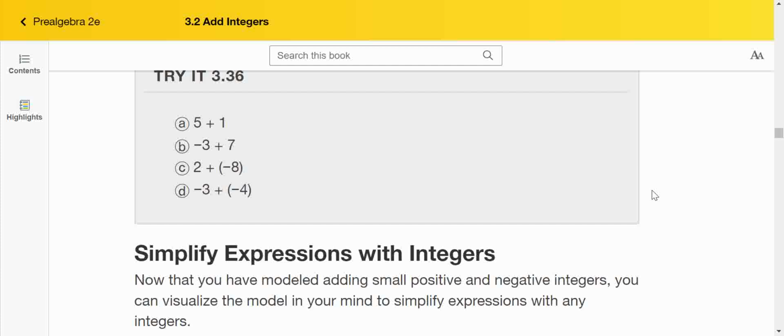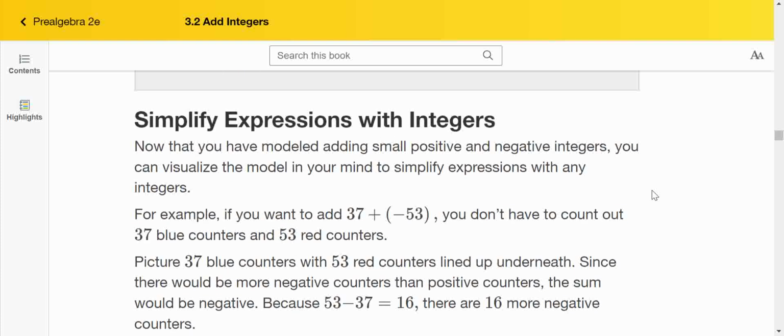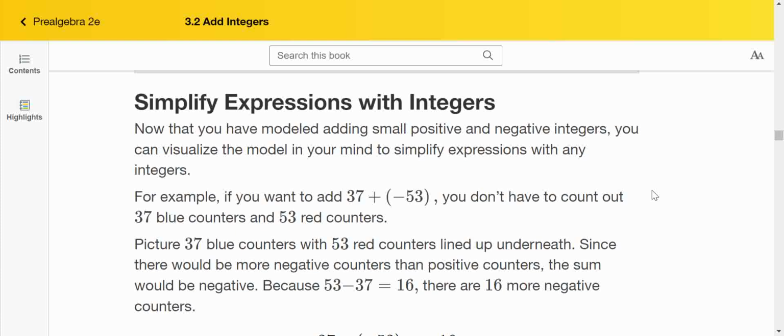Couple try problems. All right, simplify expressions with integers. Now that you have modeled adding small positive and negative integers, you can visualize the model in your mind to simplify expressions with any integers. For example, if you want to add 37 plus negative 53, you don't have to count out 37 blue counters and 53 red counters.